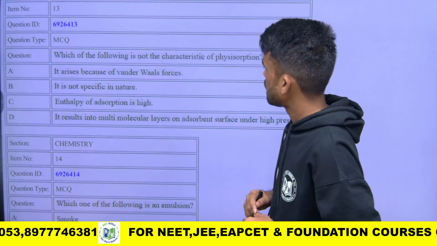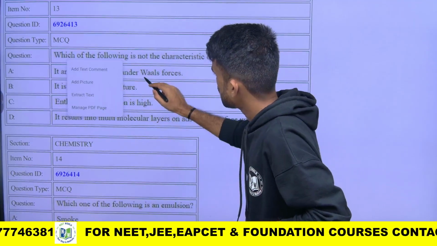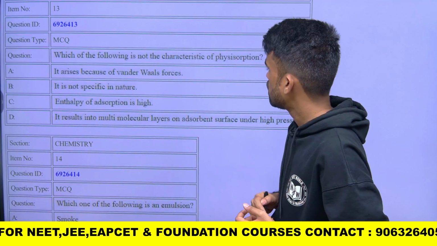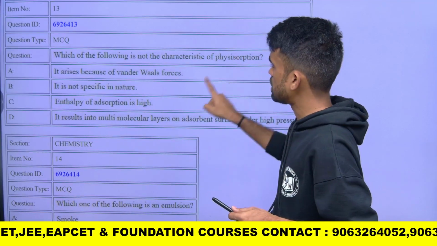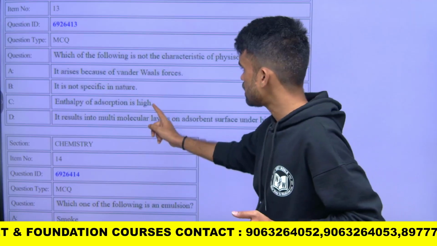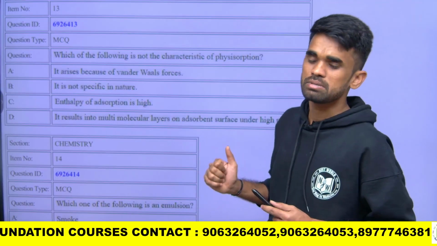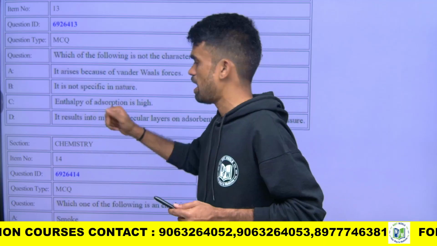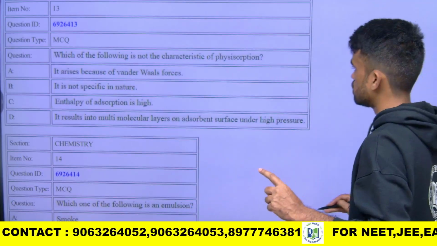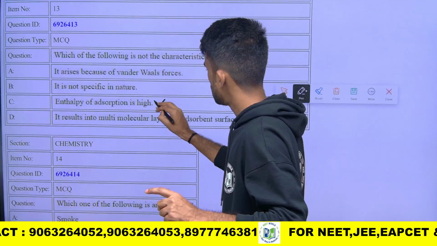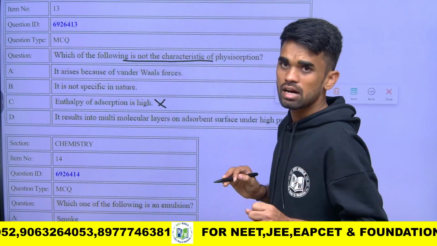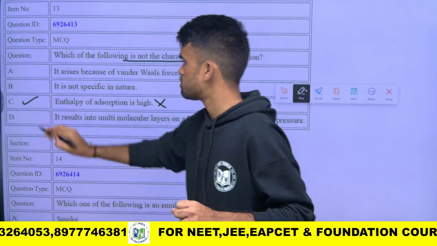The statement that the enthalpy of adsorption is high is wrong. For physisorption the enthalpy of adsorption is actually low, not high, whereas for chemisorption it will be high. So this is the wrong statement, and this is what you need to choose. So you can go with option C.